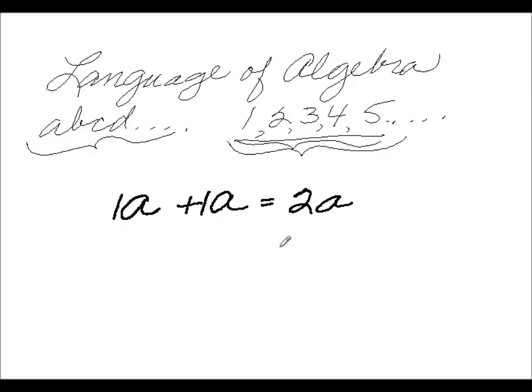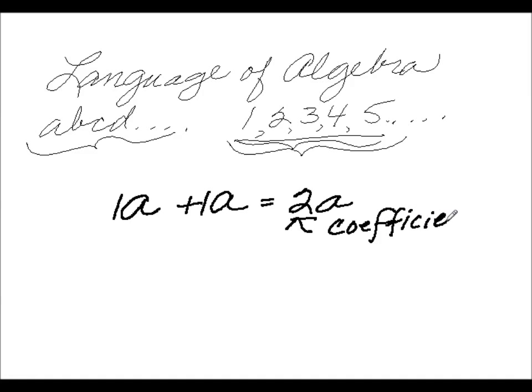The number in front of this A is understood to be a 1, and this is a 1, and 1 plus 1 is 2, and when you add A's to A's, you get A's. You don't change the A's.